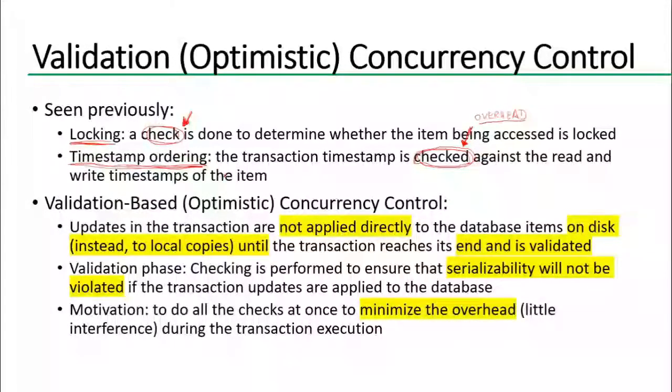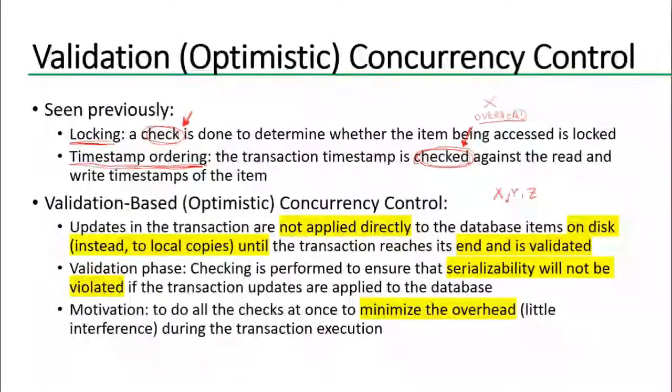Let's say you are using X, Y, and Z database items. You don't check before you read or write X, before you read or write Y, before you read or write Z. You don't check if you can or not. What do you do?